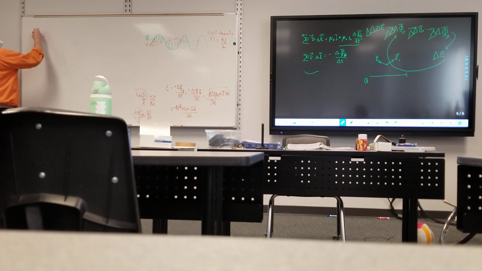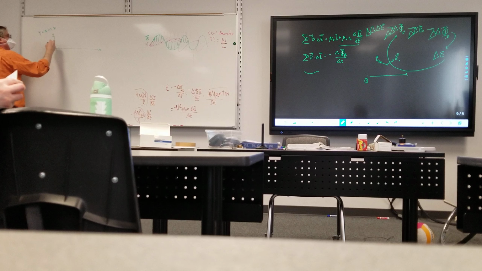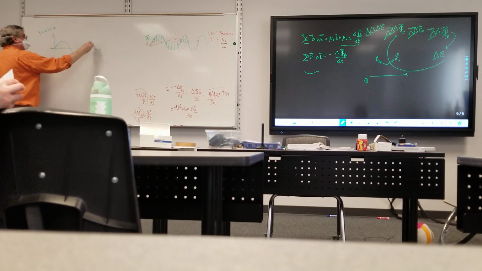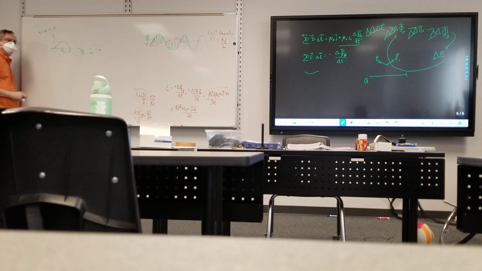If I look at y equals sine of x, a sine curve will look like this, where that's 2 pi, pi over 2, 3 pi over 2.